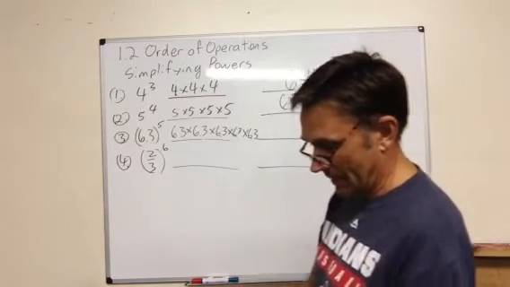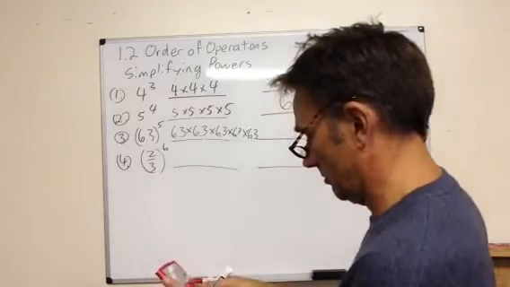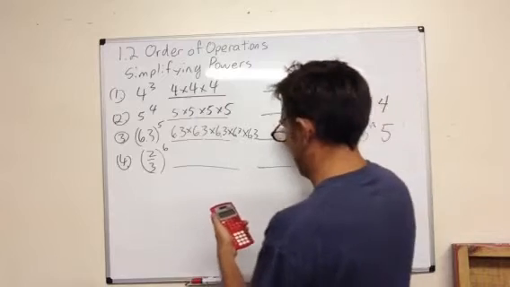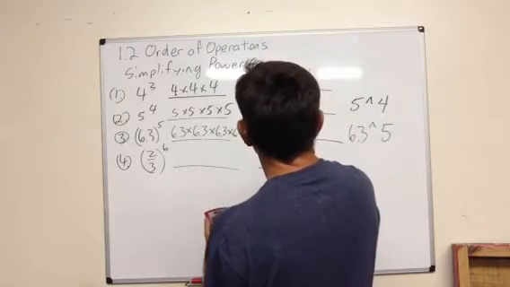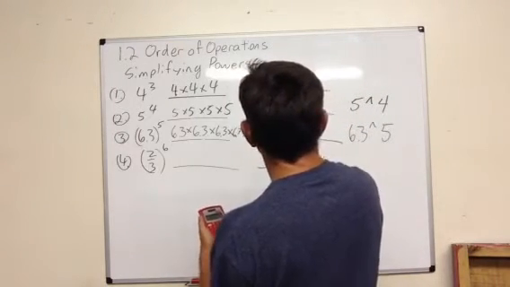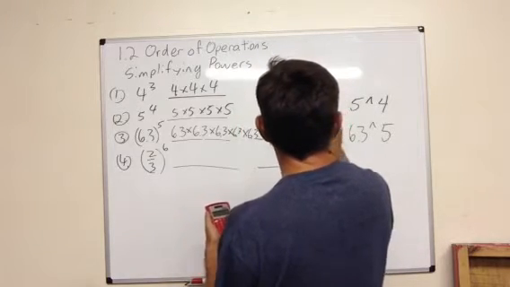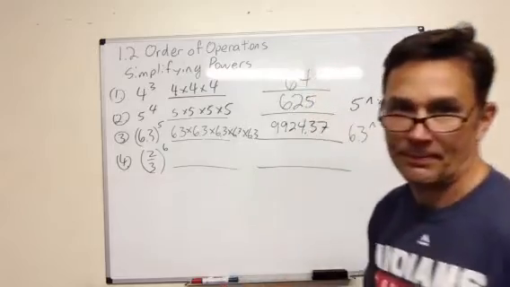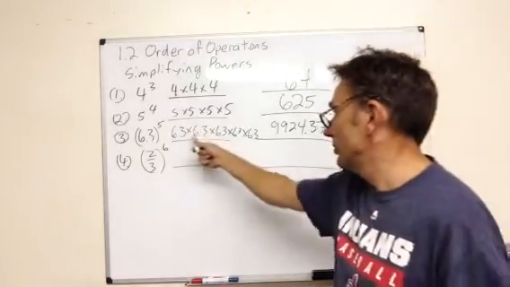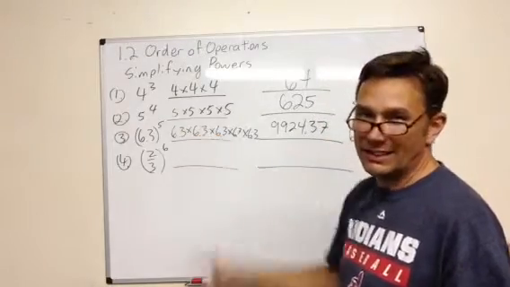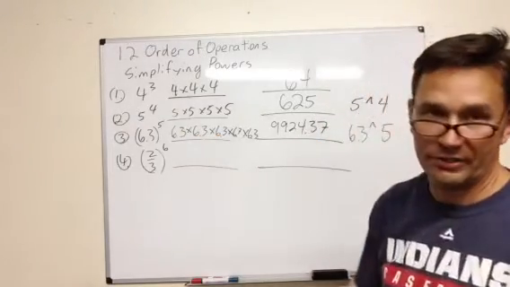I plug it into my calculator, and we get 9,924.37 if we round. Typically when we're using decimals, if it's to the 10th, you at least want to keep it to the 10th. I went to the 100th place. Keep them as decimals.